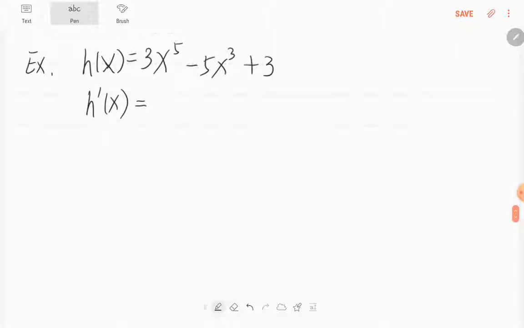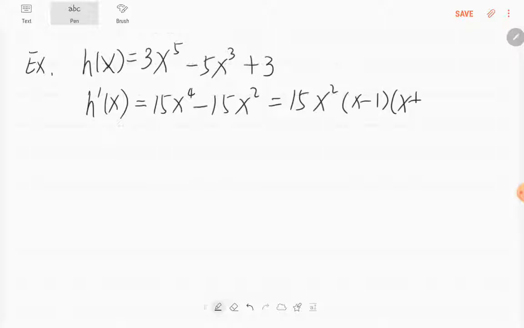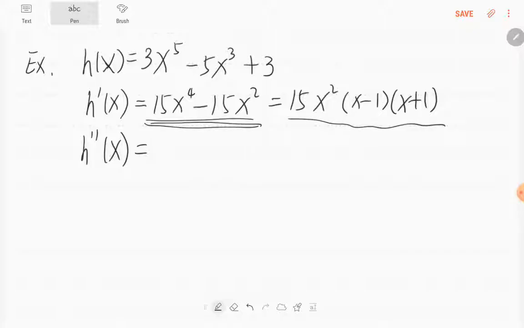The first derivative is 15x to the fourth minus 15x squared. If you factorize it, it would be 15x squared times (x minus 1)(x plus 1), okay? Then we take the second derivative. We take the derivative of this, not this one, it's easier for us. This would be 60x cubed minus 30x.